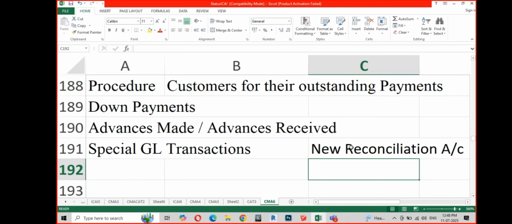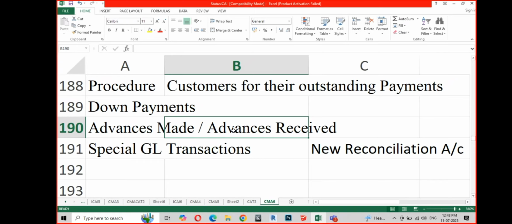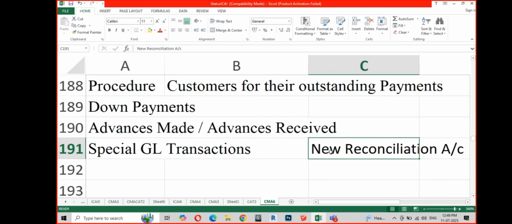So you have one reconciliation account for the advances made, one new reconciliation account for the advances received. You make an advance payment, you receive a payment in advance. So for both these scenarios, you have two different newly created reconciliation accounts. It is not the same as the normal reconciliation account you use for your normal transactions. Confusing, or is it clear?